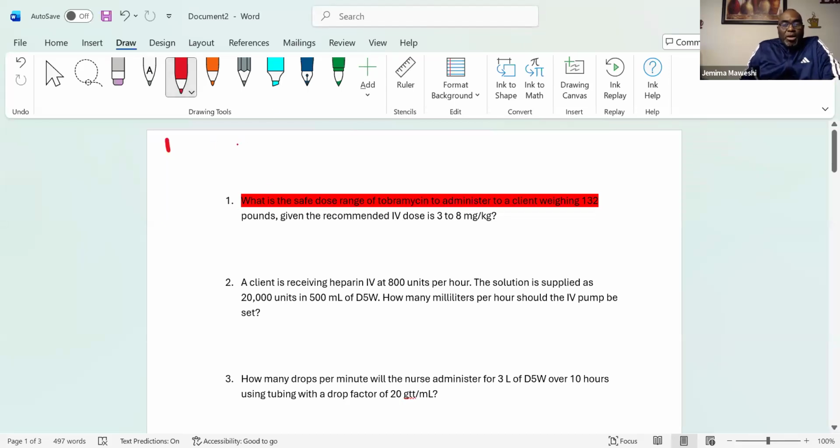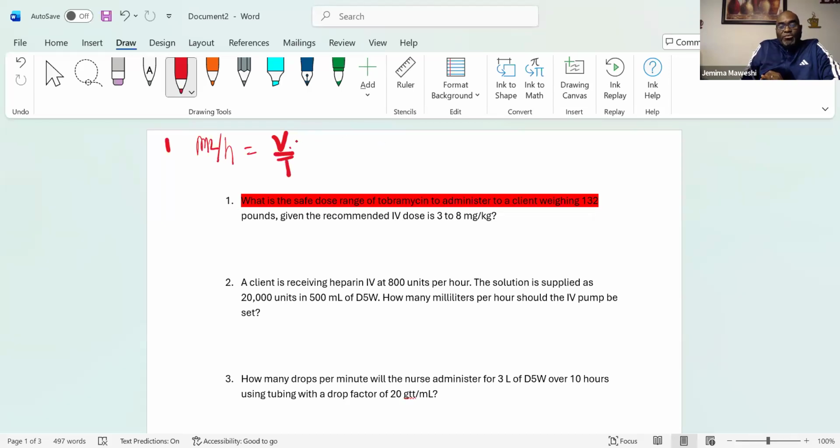When it comes to infusion rate, dear friend, you have to remember that you're solving for milliliter per hour. So milliliter per hour is volume over time.